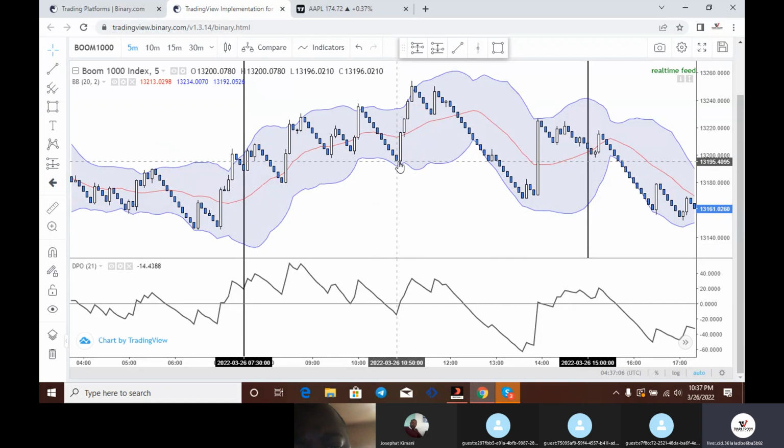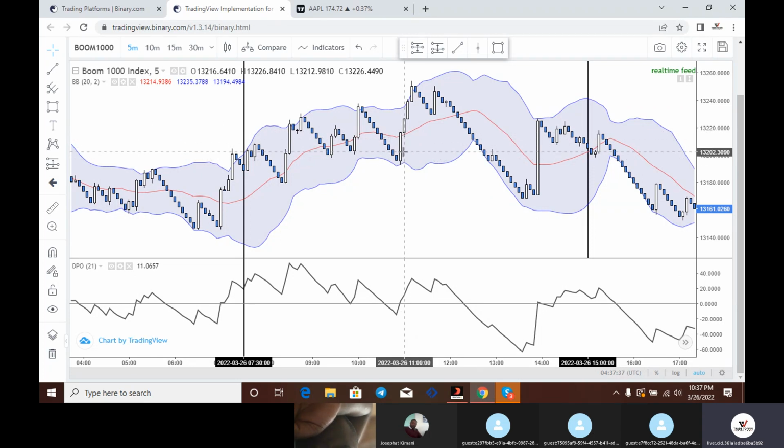Price gets to the bottom part of the Bollinger Band, but that is why I'm saying I wouldn't really recommend 5 minutes, because you can see the spike that did happen. When the spike happened, price was already above the zero line, which is good confirmation. But now, considering your stop loss, it's going to be below the spike.